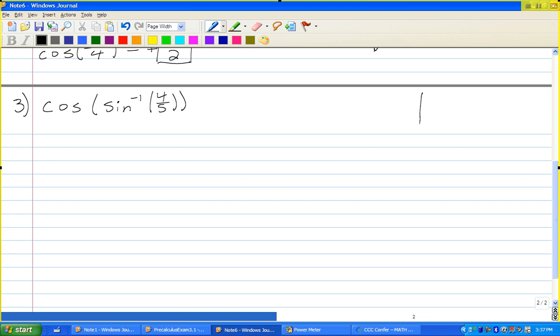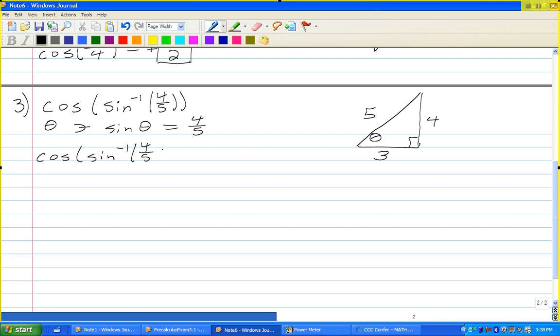So let theta be such that sine of theta is 4/5, opposite over hypotenuse. And so cosine of theta is adjacent over hypotenuse, 3 over 5.